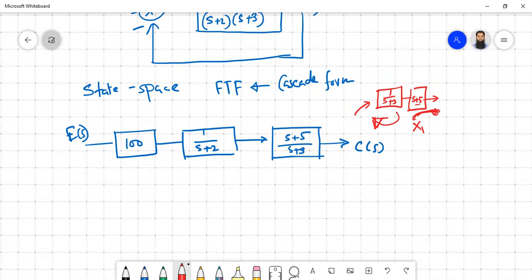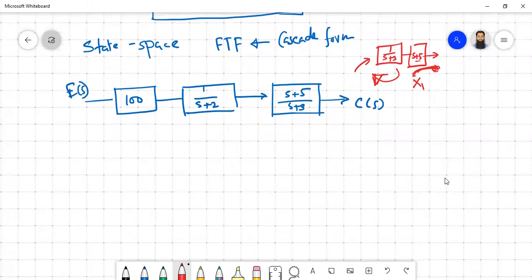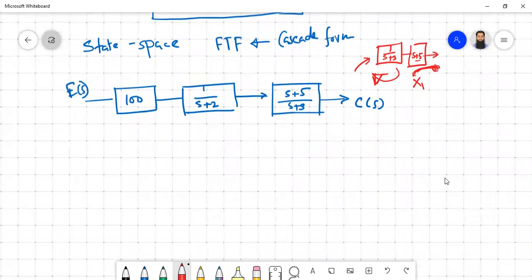But if you feel it is easier, you can go with 2 separate blocks. Let me show it with a single block.